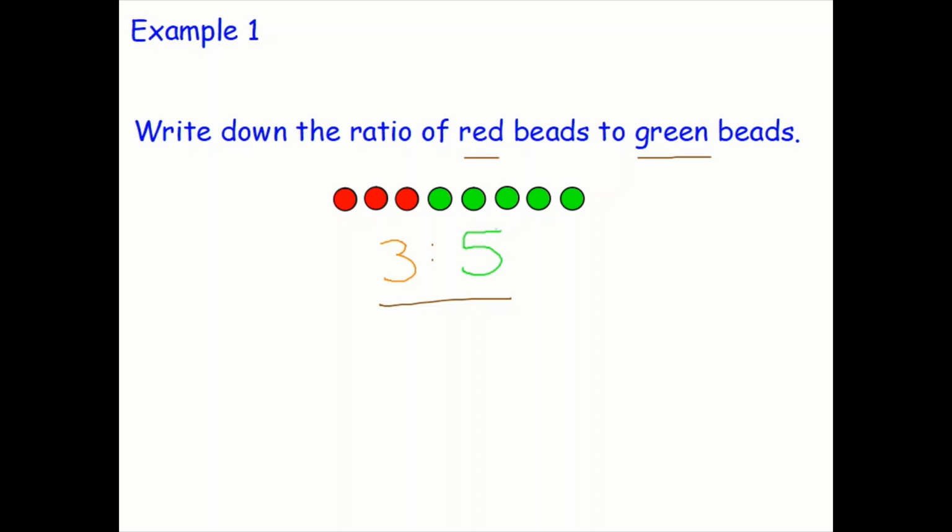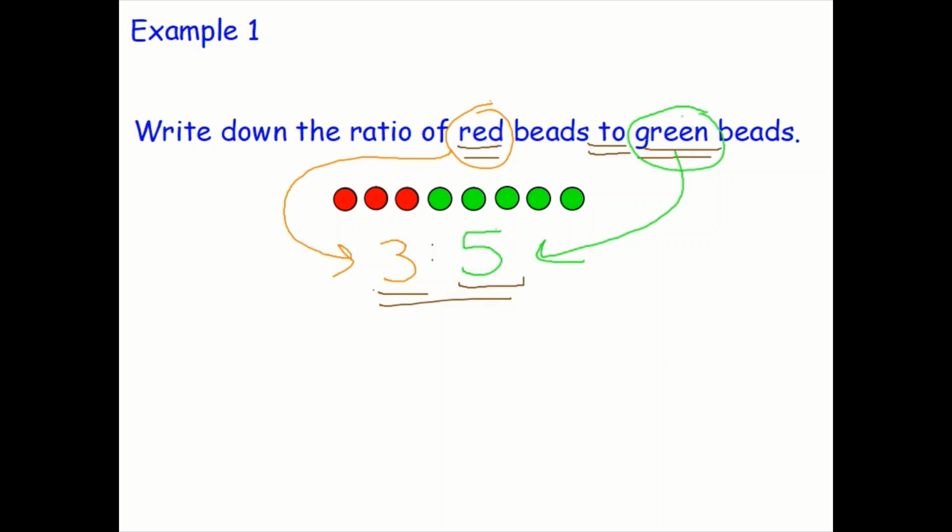Notice how I also have put the red first, because that's what it said in the question. If it says red to green, I have to put it in that order.